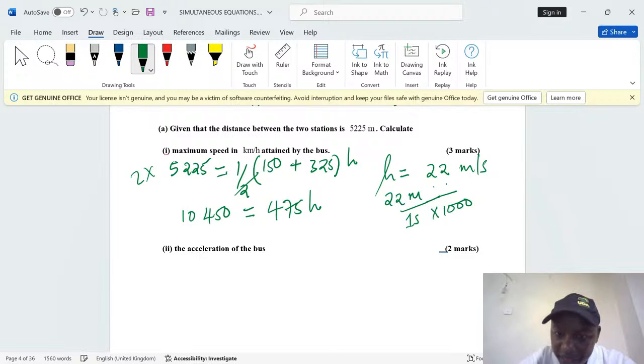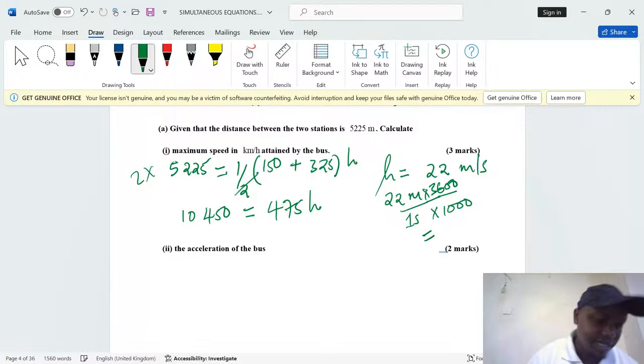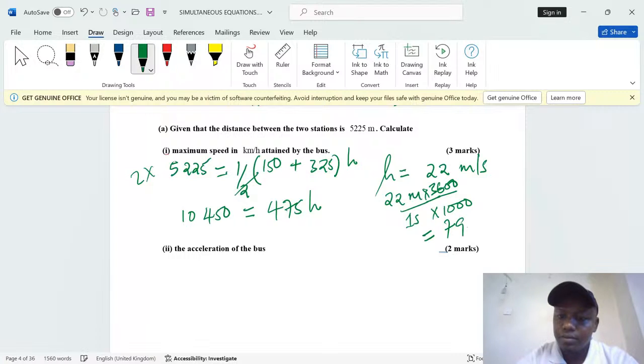To divide further by 3,600 means to multiply both the denominator and the numerator by 3,600. So we can convert this by multiplying 22 times 3,600, then we divide by 1,000, and this gives 79.2 kilometers per hour.